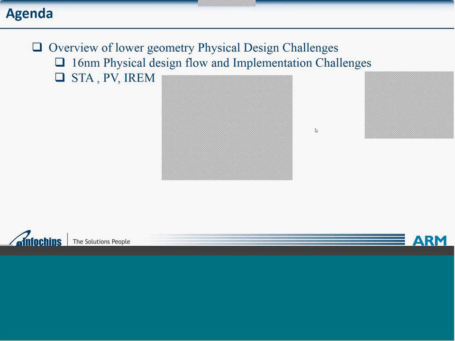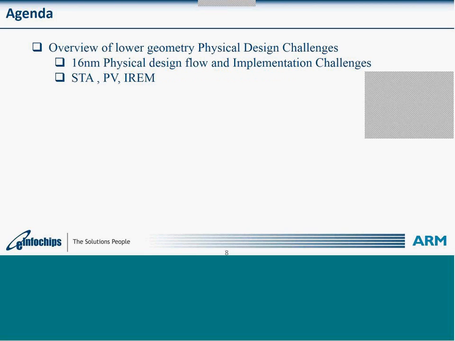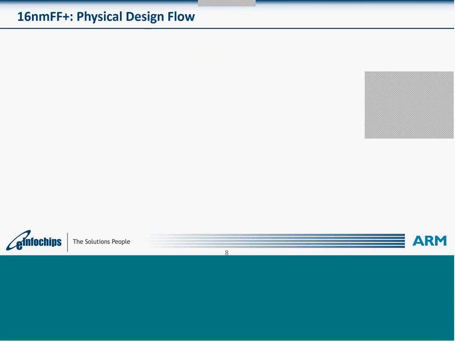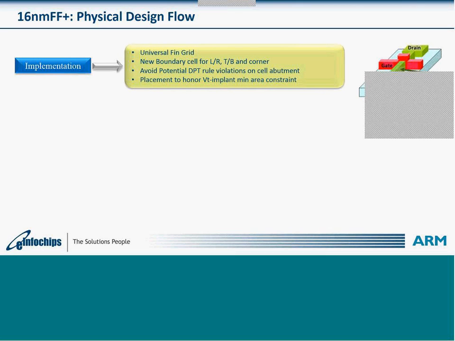So when we talk about the 16 nanometer FF plus physical design flow, there are multiple challenges associated with the steps during physical design and sign-off. In implementation, we have several challenges. The biggest one is the universal fin grid. In other technologies, we cannot put the chip at any place on the measuring grid.